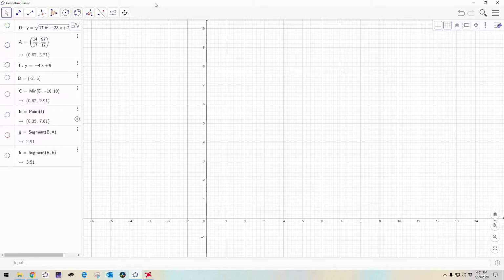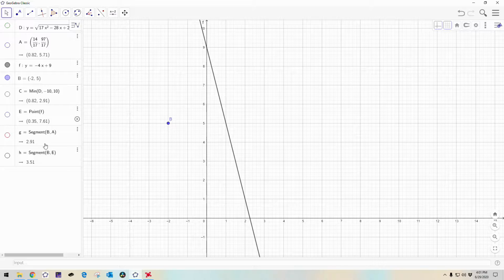Let me give you a visual to go along with that last problem. Here's the function y equals negative 4x plus 9, and here's the point that is in question. We're trying to find the point on this line that's the closest, the shortest distance to this point B right here.